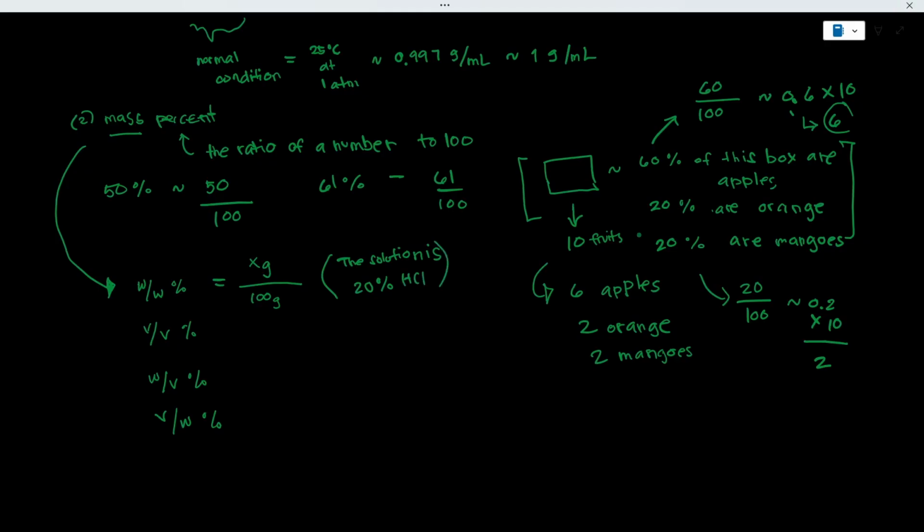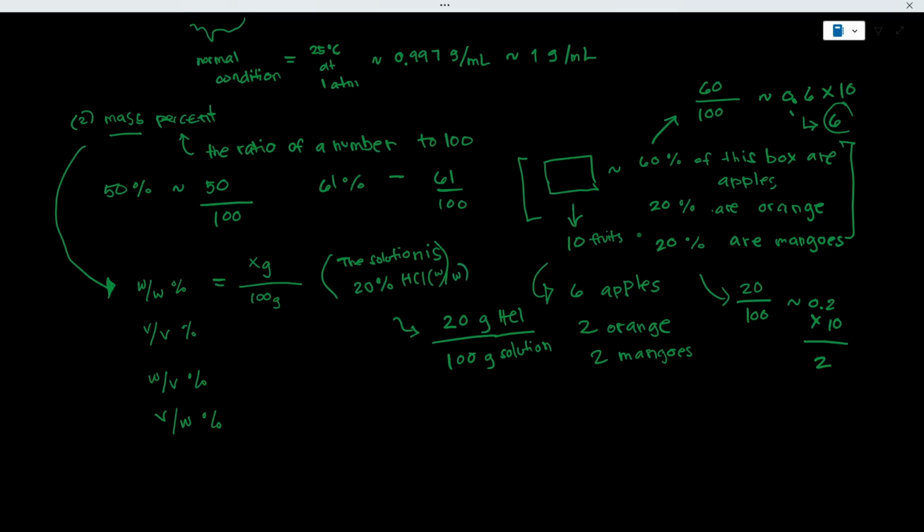We can say that its weight per weight percent would be 20 grams per 100 gram solution. So this is 20 gram HCl per 100 gram solution, usually indicated with weight per weight.